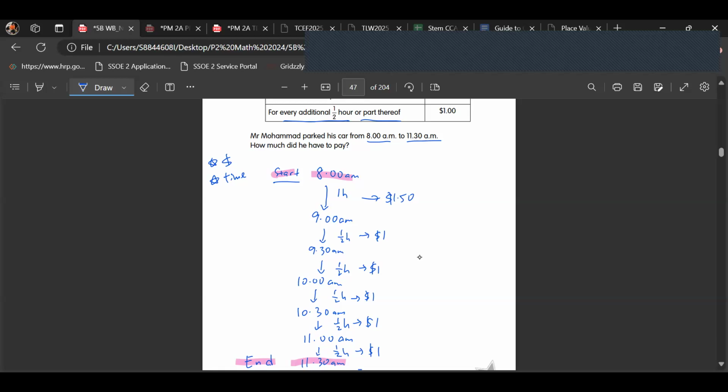Is it okay? So there are 5 units of $1. That gives $5. Then $5 plus $1.50 will be $6.50. So Mr. Muhammad has to pay $6.50. So this is what is called the vertical timeline, from top to down. You can also do it horizontally.